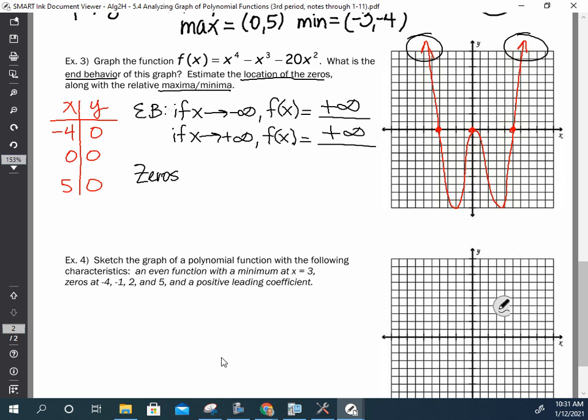So zeros, simply looking at the x-axis. The table pretty much gave us those: -4, 0, 5. And then max and min.